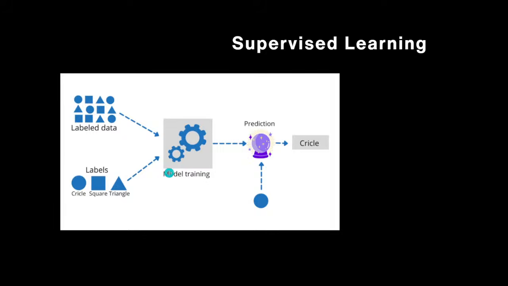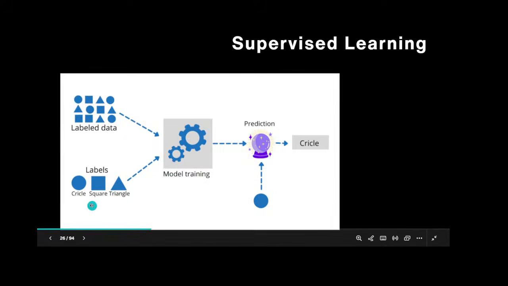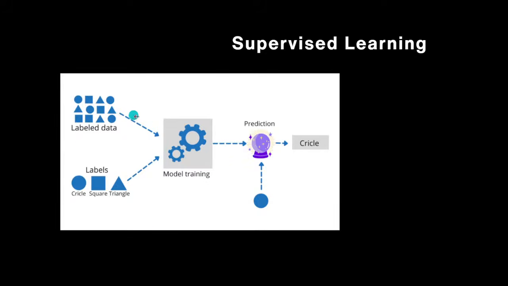Supervised learning means, for example, as I said at the start of the session, I give a cat image to the computer and mention it is a cat, and I give a dog image and mention it is a dog. I mention some kind of labels.